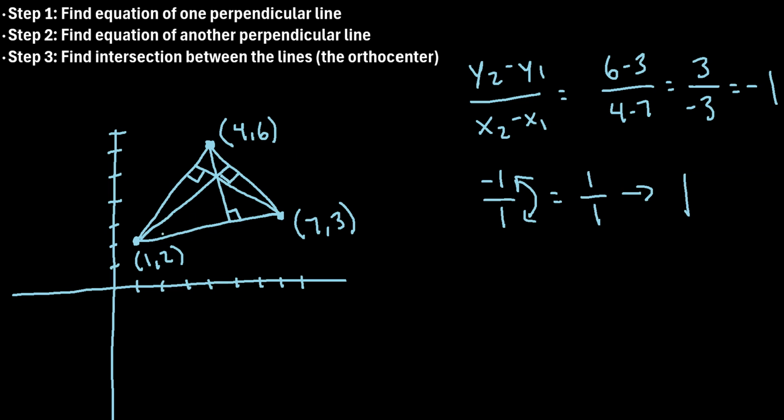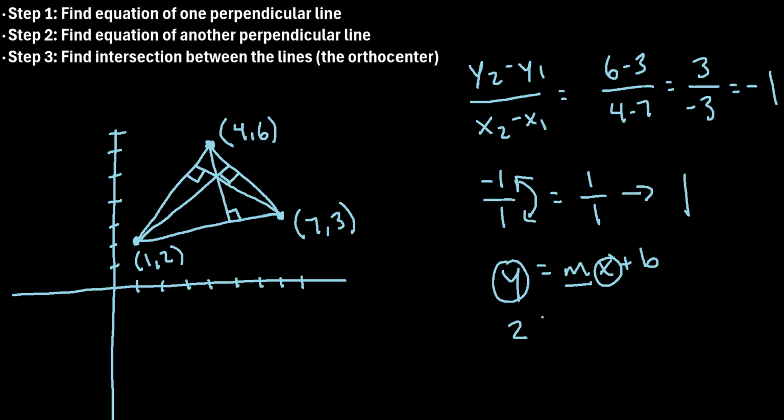And to find the equation of that perpendicular line, we need to use the formula y equals mx plus b, where m is the slope that we just found, which is 1. And for x and y, we can plug in the x and y values of a point that lies on that line. We see that this point (1, 2) lies on this perpendicular line. So we can plug in a 2 for y and a 1 for x, and solve for b.